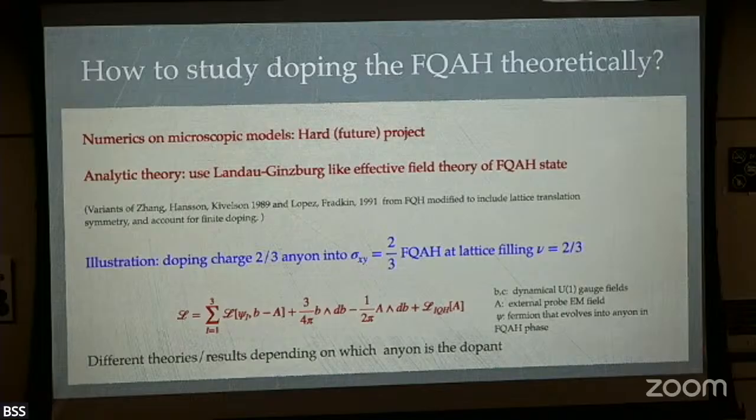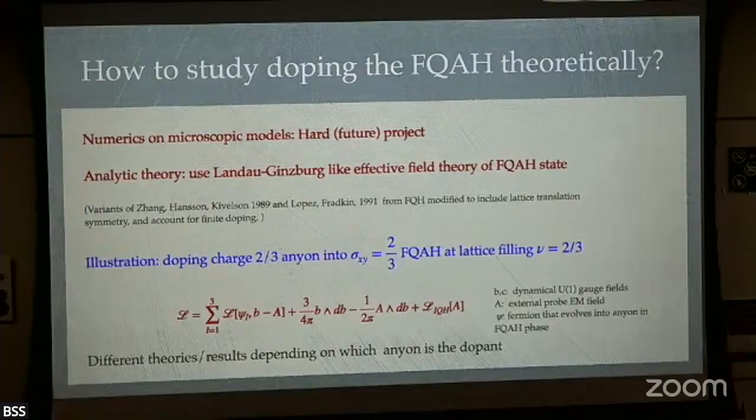But we can make progress analytically by using a low energy effective field theory for the fractional quantum Hall state. Right? For the regular fractional quantum Hall state in Landau level, there are well-known effective field theories, Ginzburg-Landau theories of the fractional quantum Hall phenomenon, originally due to Steve Girvin and Shoucheng Zhang and Hansson, using composite bosons, and by Lopez and Fradkin using composite fermions.